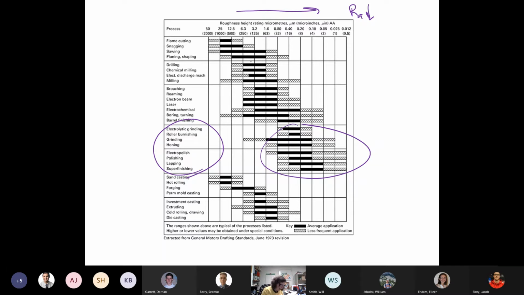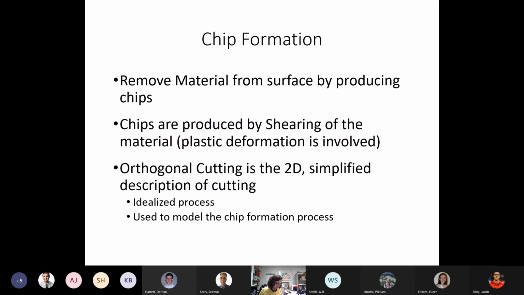If we look at our standard processes, drilling, milling, we're seeing that they do tend to be smoother than our primary shaping processes. So again, this diagram gives us the overall range that we might be able to expect from a given process.